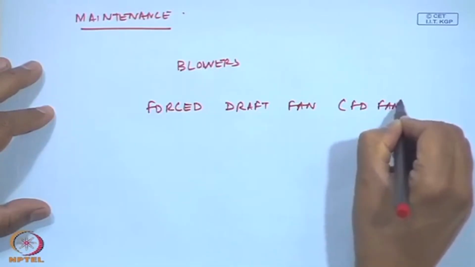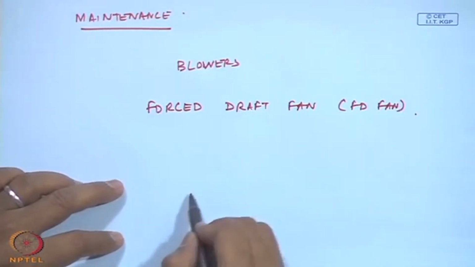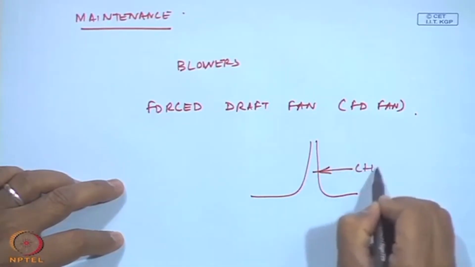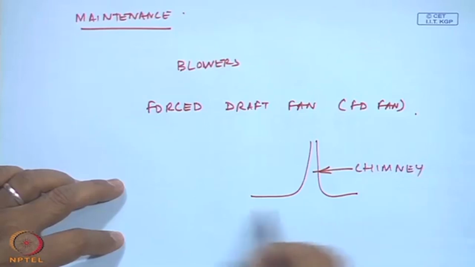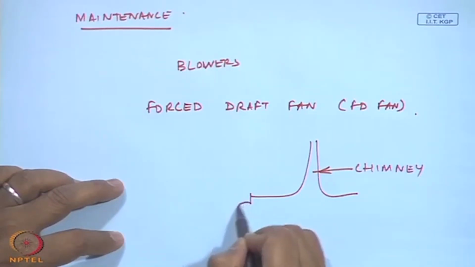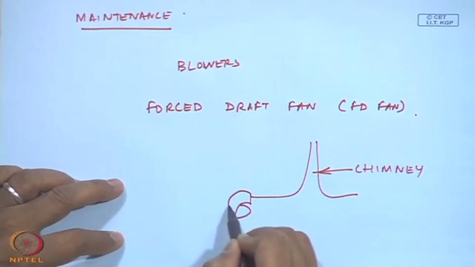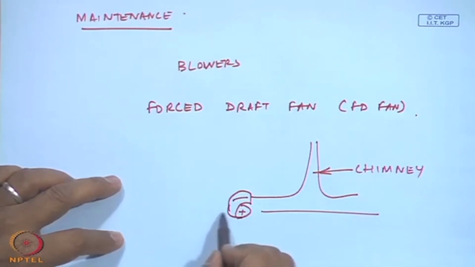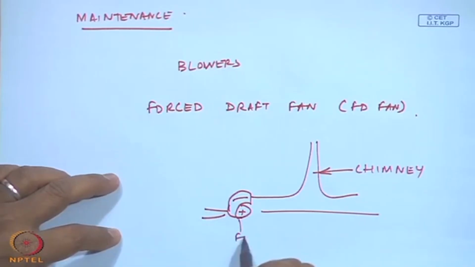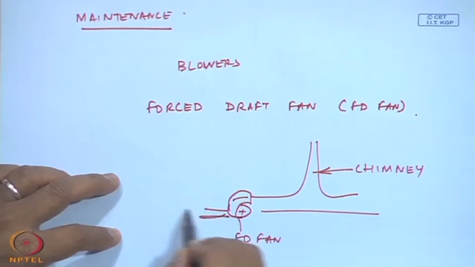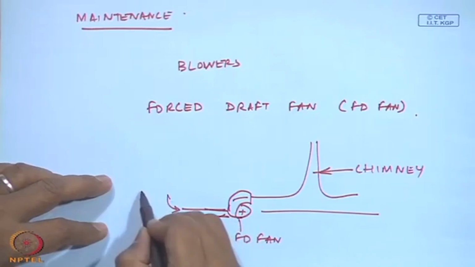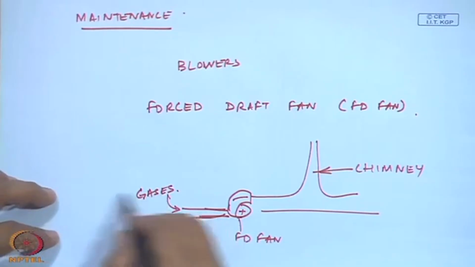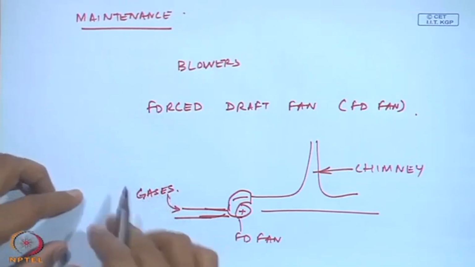FD fan, basically what happens is, this is a chimney, and then we put an FD fan here. And these are the gases which are after burning the coal actually.